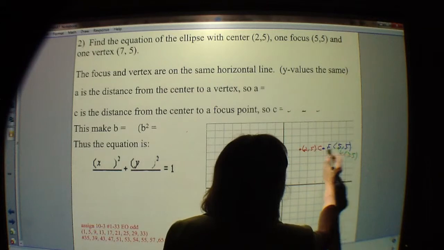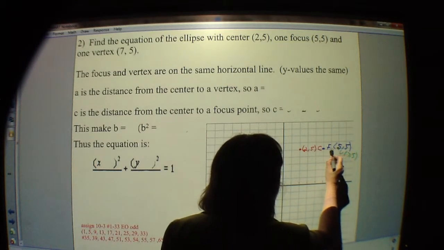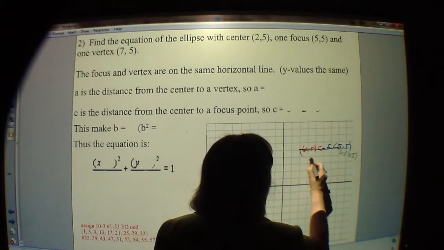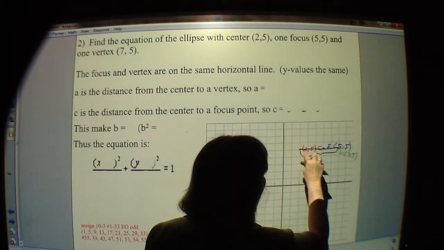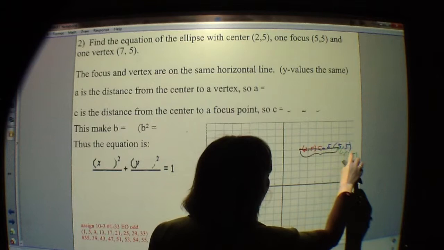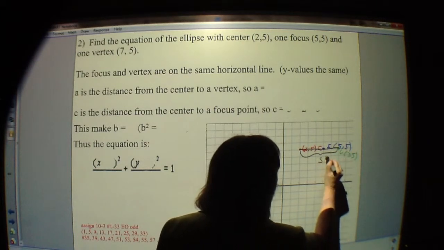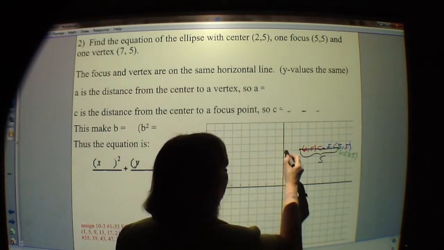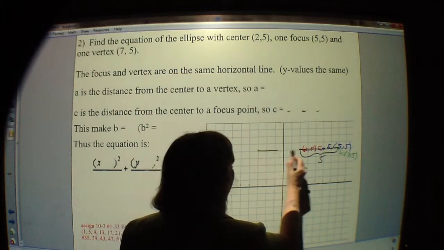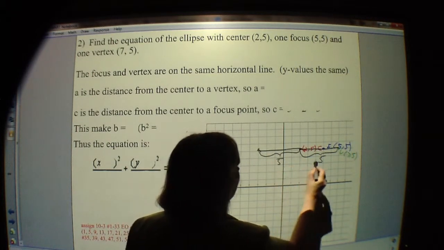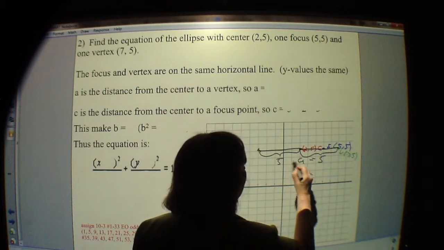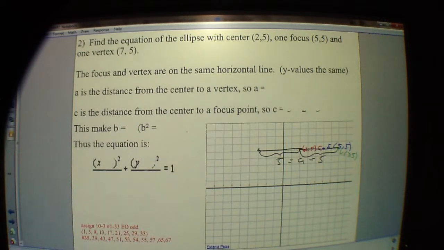So my major axis, this unit right here, from 2, 5 to the point 7, 5, is 5 units away. So if I go 5 units away this way, that's what my A is. A is 5, major axis, and it'll go under the x squared.